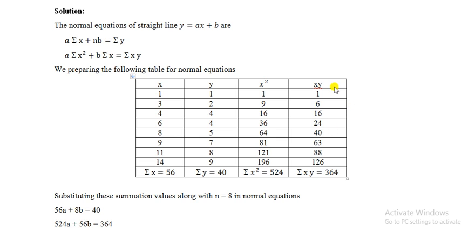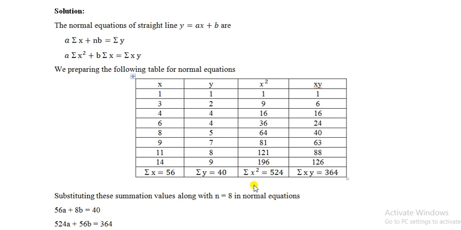Then the fourth column is xy. Xy means you multiply first column and second column numbers: 1 into 1 is 1, 3 into 2 is 6, 4 into 4 is 16, and continue, and then add all the numbers, which gives summation of xy as 364.